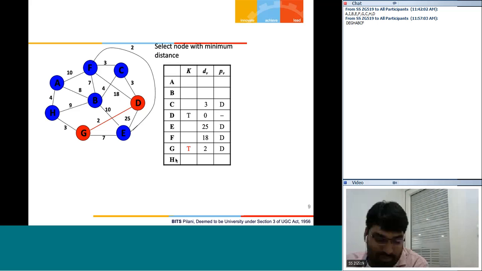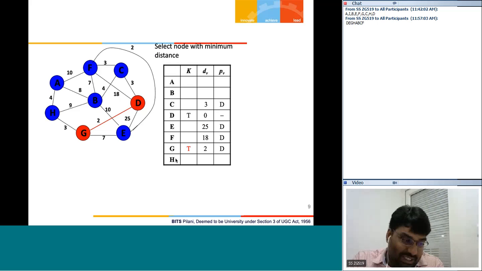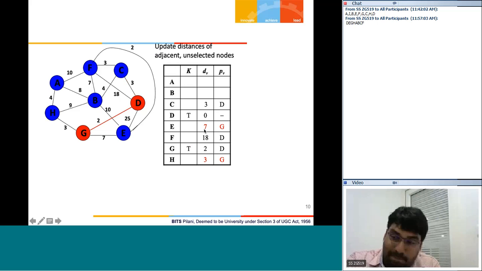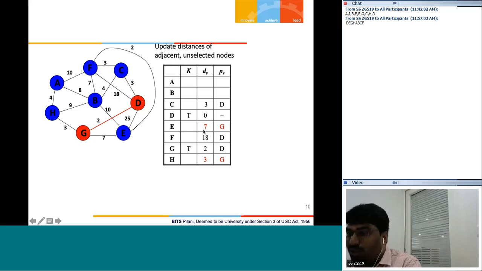Okay, great. Just one thing. After the G node, what is the weight change? Can you observe here, for instance? What did you observe? Have you understood what I am trying to do?